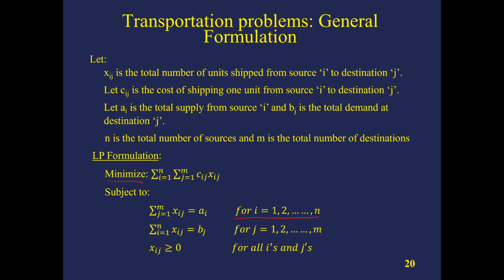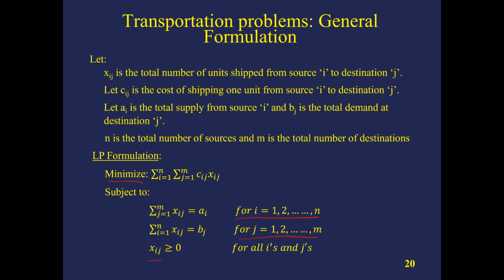And again, the sum of Xij over i equal to 1 to N should be equal to Bj, for j equal to 1 to M. When you vary j from 1 to M, the summation should be equal to Bj, which is the total demand at destination j.